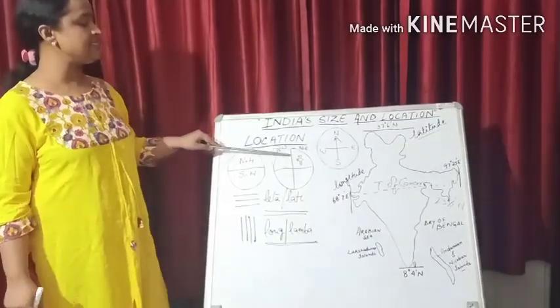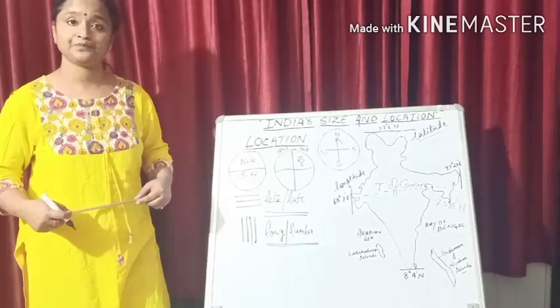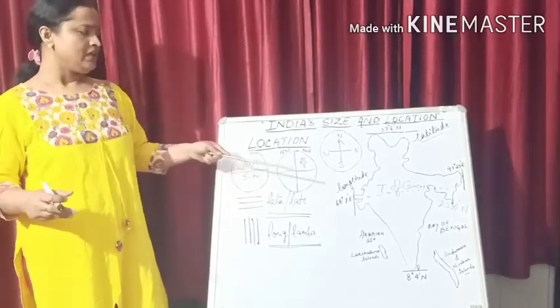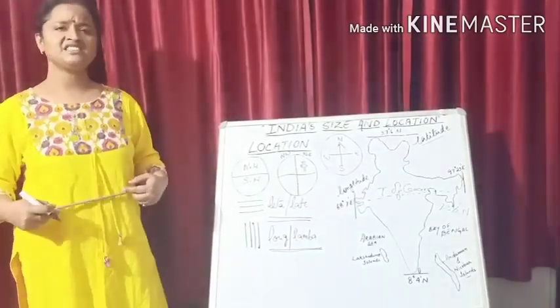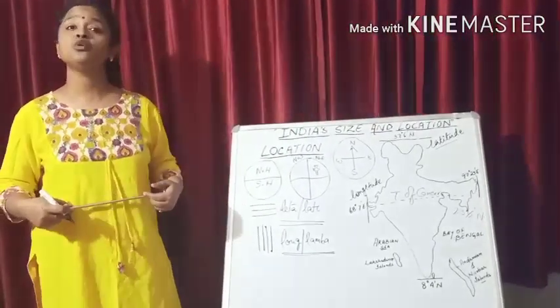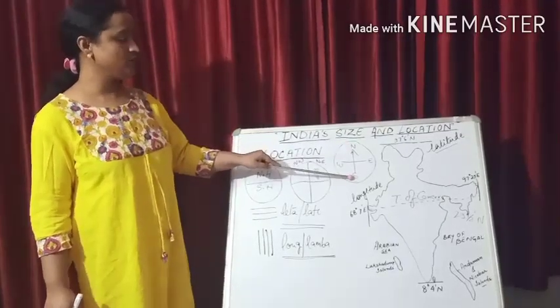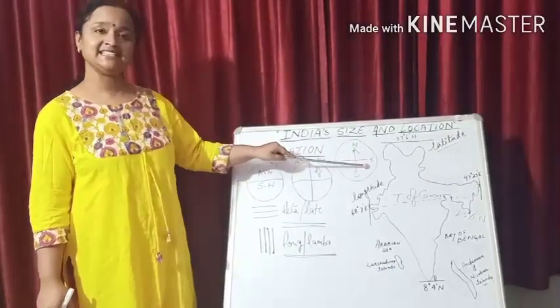India lies in this half of the northeastern hemisphere. But in your junior classes, you might have seen the 4 directions or learned the 4 directional lines. That is north, south, west and east.